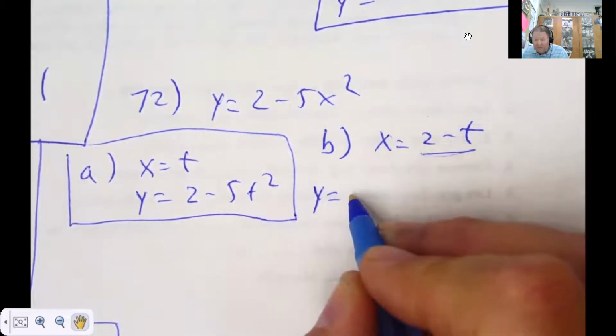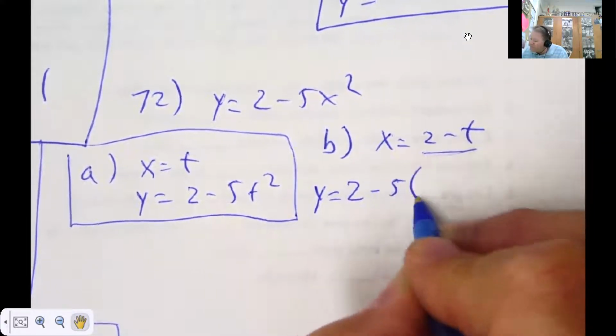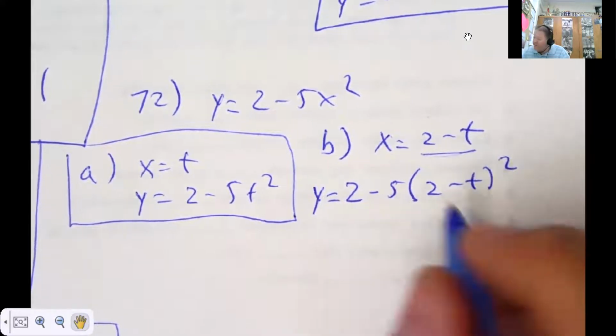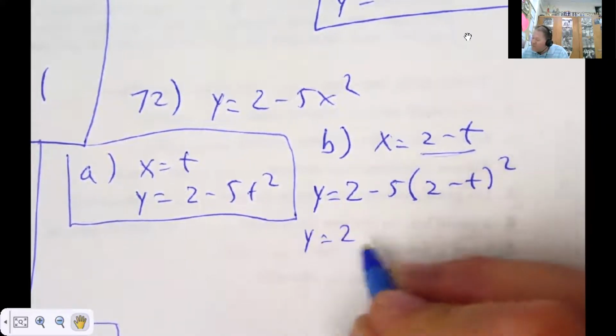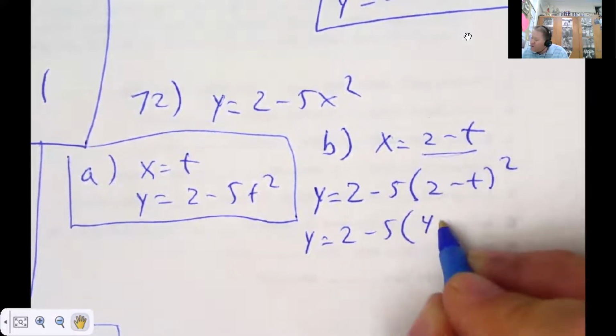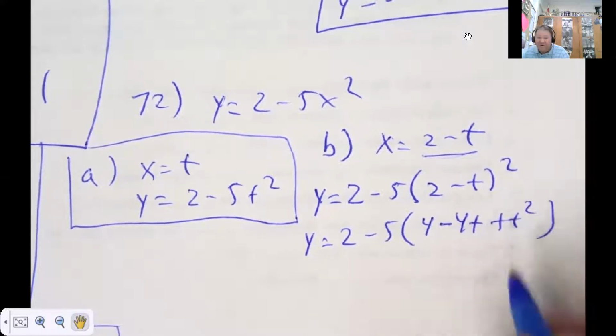It's going to take a little bit. Let's see if I do better in terms of my neatness. 2 minus 5 times (2 minus t) squared. So y equals 2 minus 5 times (4 minus 4t plus t squared). That's better looking.